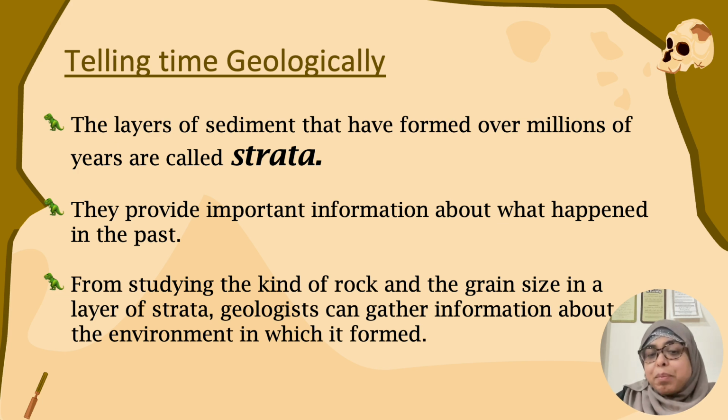They provide important information about what happened in the past. All right, and from studying the kind of rock and the grain size, grain is like, if you scratch it off, the coarse or fine shavings that fall off, those are the grains. And if you study the grain size in a layer of strata, the geologist can gather information about the environment that it had formed in. Okay.